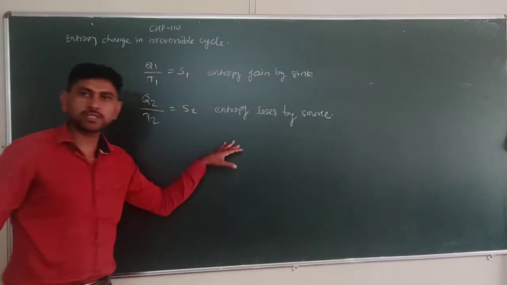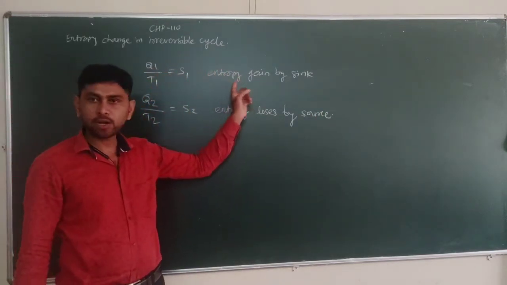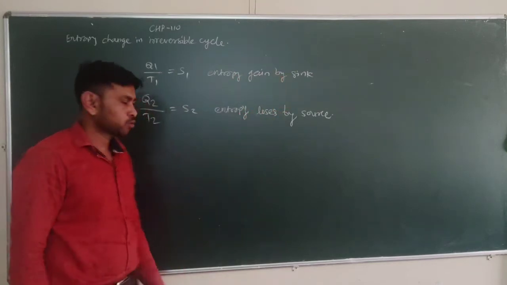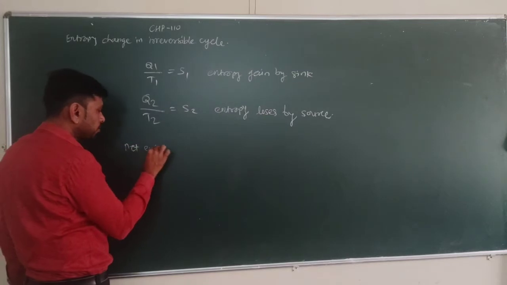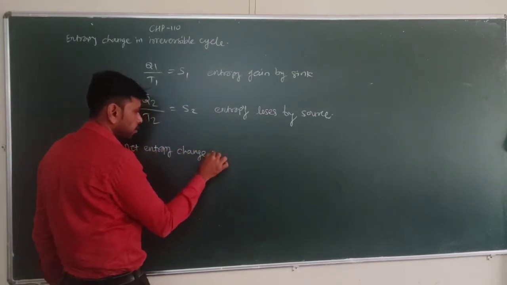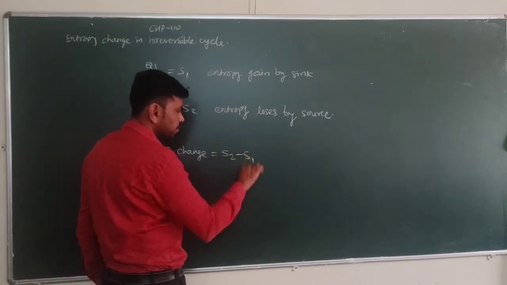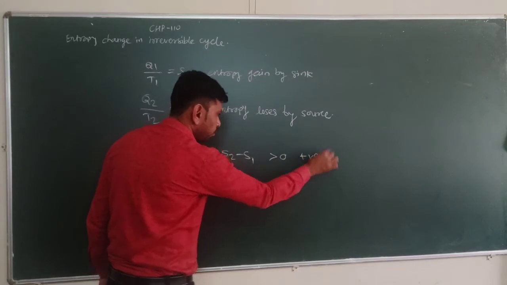So the source loses this entropy, and S1 is the entropy gained by the sink. So the net entropy change is S2 minus S1, which is greater than 0, which is positive.